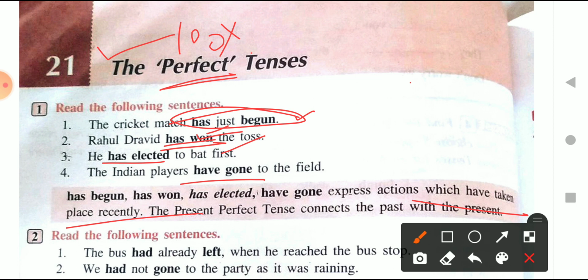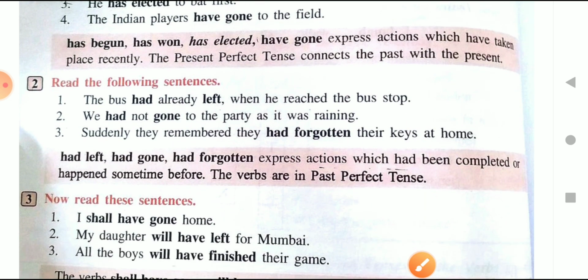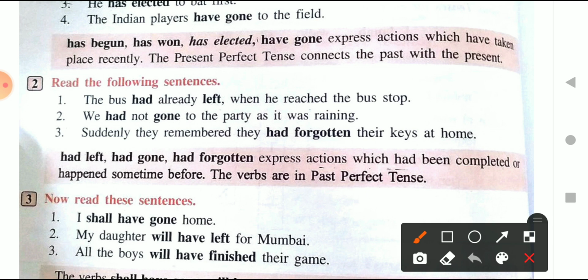The present perfect tense connects the past with the present. So what is the work of present perfect tense? It basically connects the past with the present. Okay, here let's see. Read the following sentences, children. The bus had already left when he reached the bus stop.